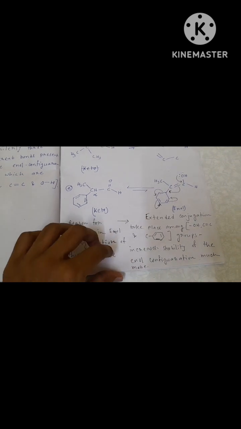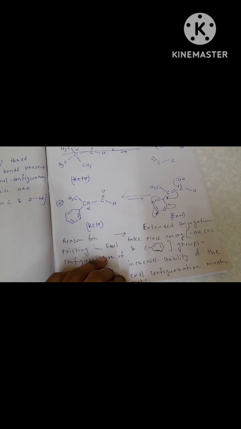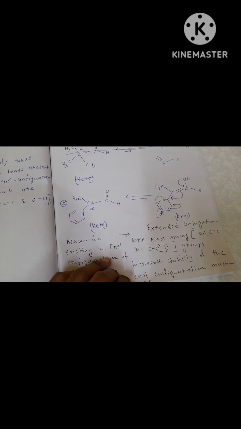So this is an exceptional case where enol is much more stabilized than keto, and its corresponding population is also higher than keto. Another example I will show here. You guys must know this molecule, right?